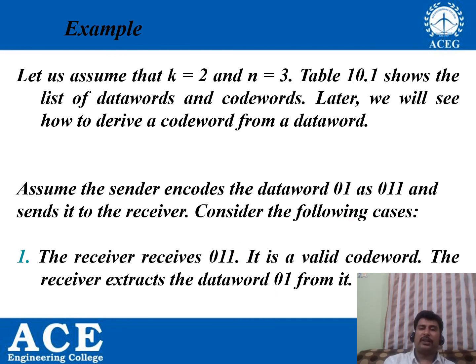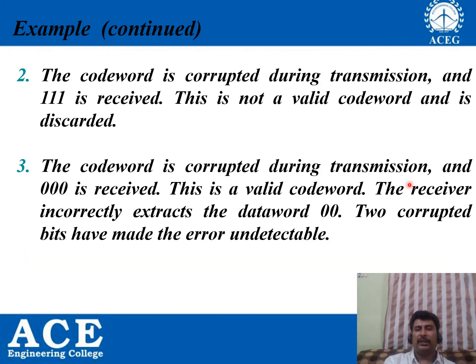The second scenario is when the data transmitted was 0 1 1, but the data received was 1 1 1. Look at this: when receiving 1 1 1, what is the total number of ones? 3.